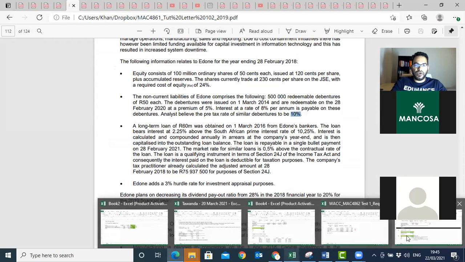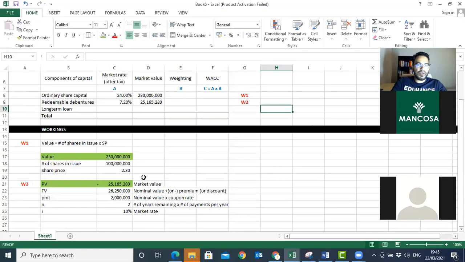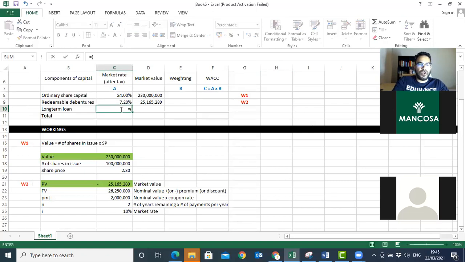So if I go over here, I can just say it is equal to open bracket. Prime rate, 10.25%. My contractual rate is 2.25 above prime, so it's 10.25% plus 2.25%.